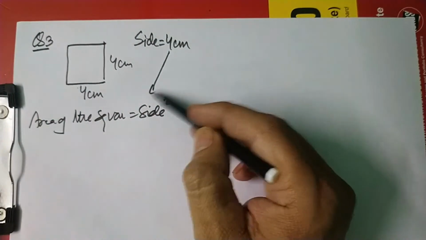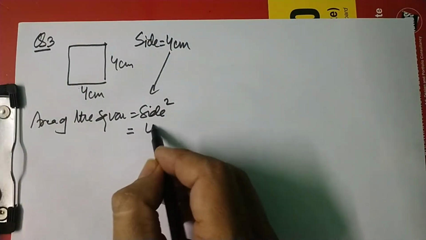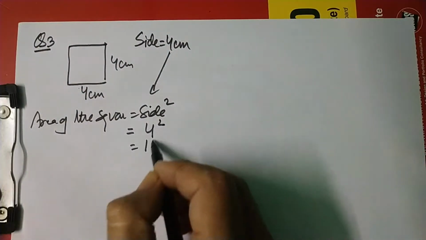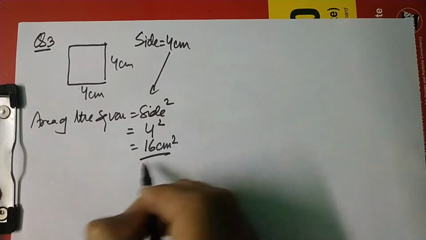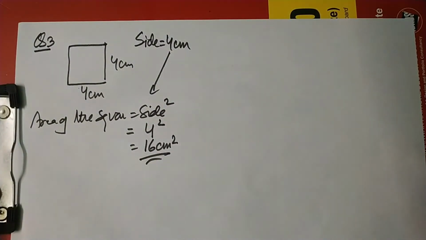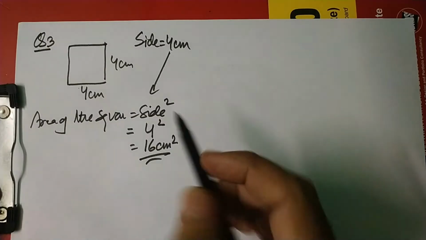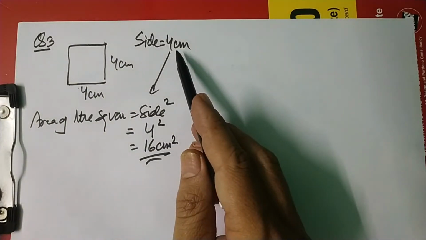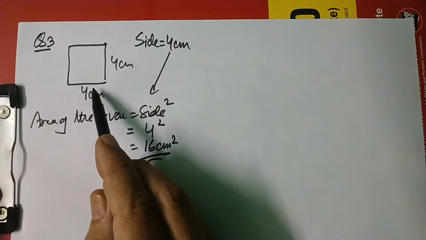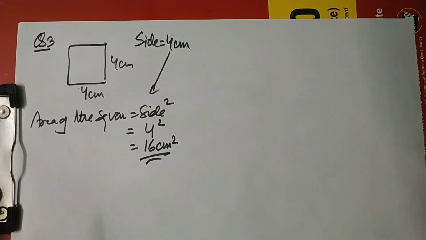So now if I am finding area, what will it become? 4 square, 16 centimeter square. This is the area. So the side is 4, so area of this square will be 4 square, which is 16.